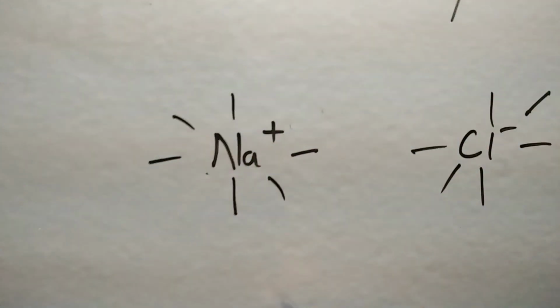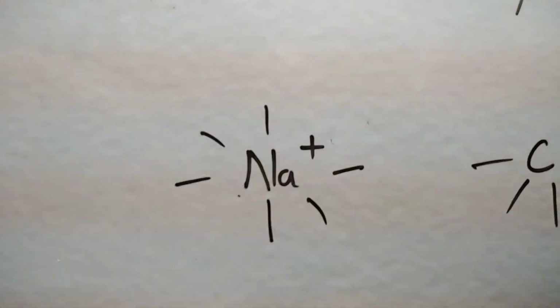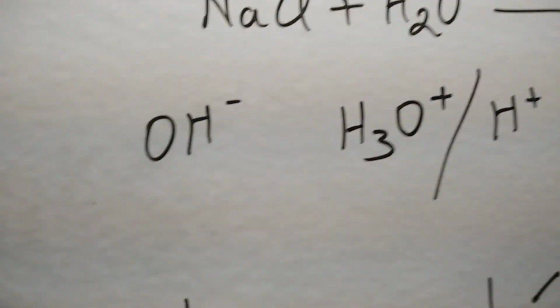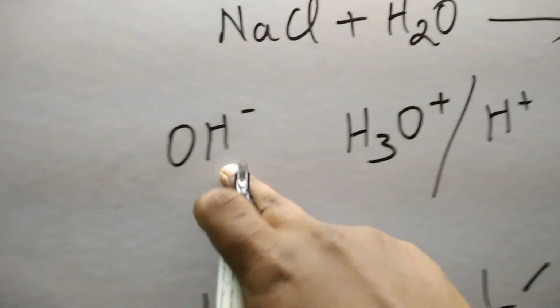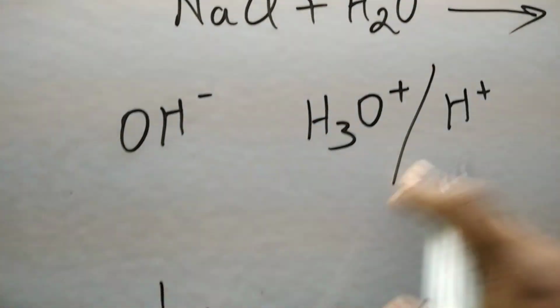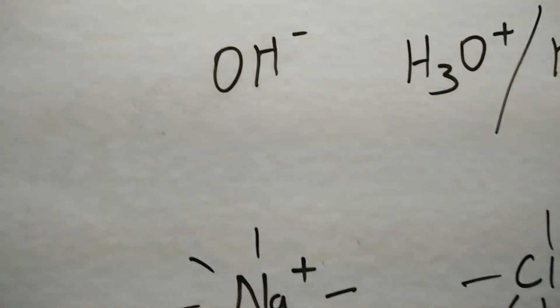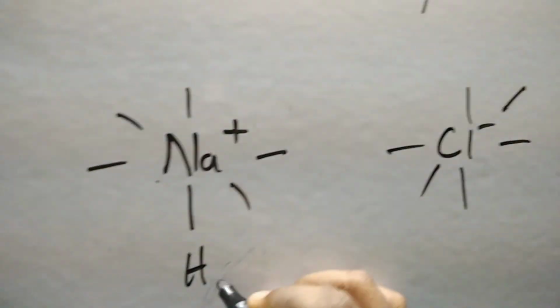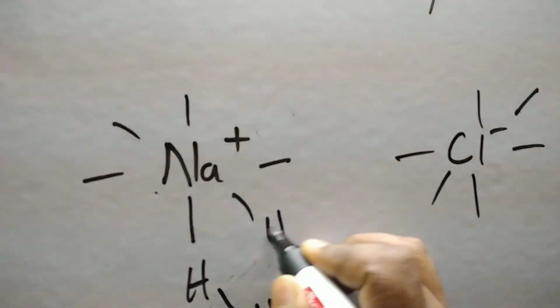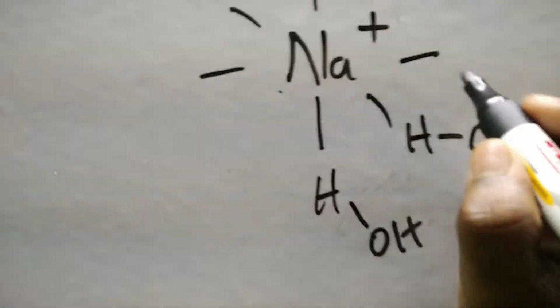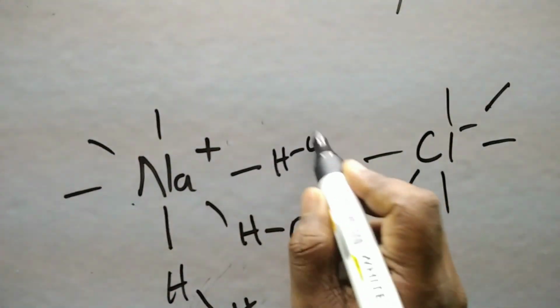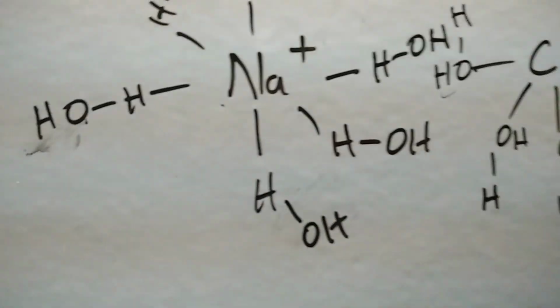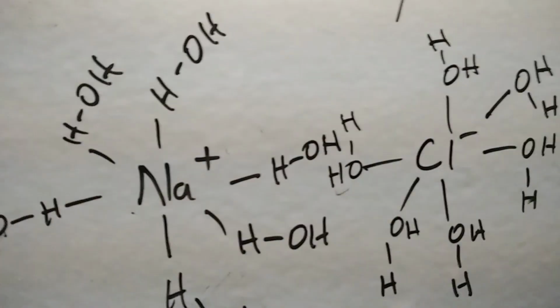It dissociates into Na+ and Cl-, and water also decomposes. See, hydroxide ion OH- and hydronium ion H3O+ or H+. I will write it like this, it will be better. See what happens. Na+ and Cl-.